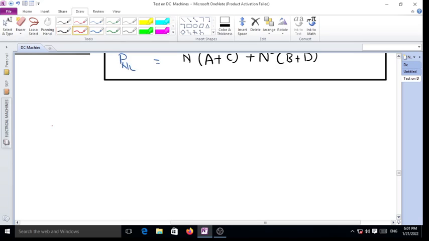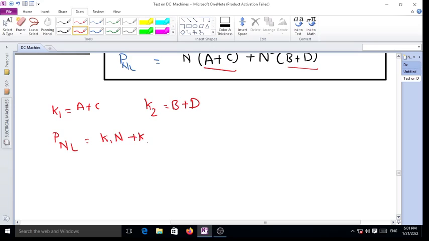For the constant losses, we consider K1 equal to A plus C, and another constant K2 equal to B plus D. So no load losses is equal to K1 n plus K2 n squared.